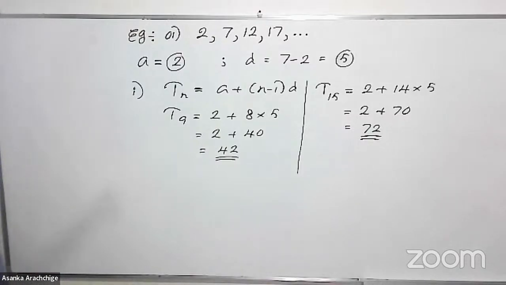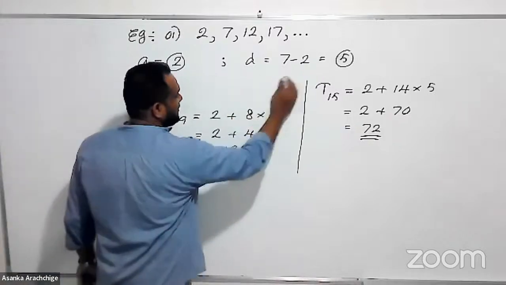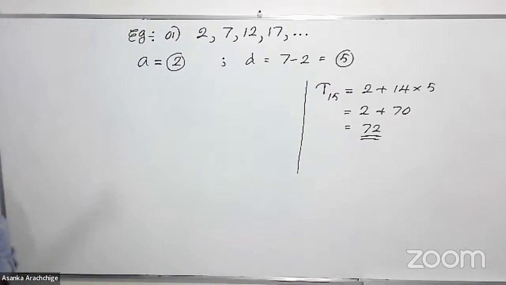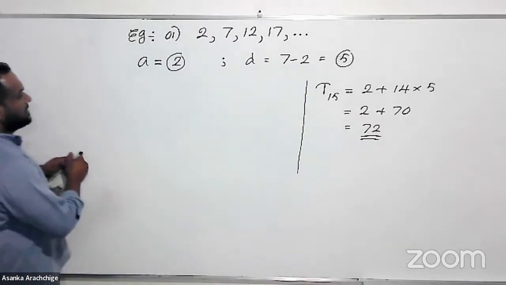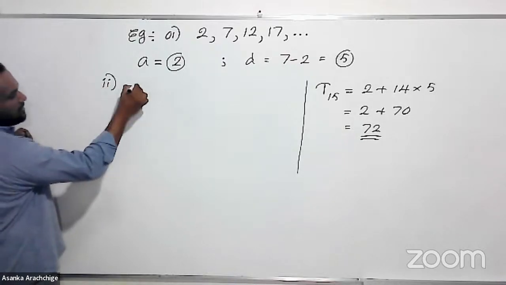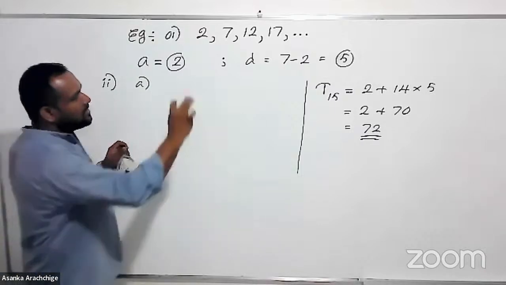Okay, then we have to find which term 57 is, in the second question, part a, no?